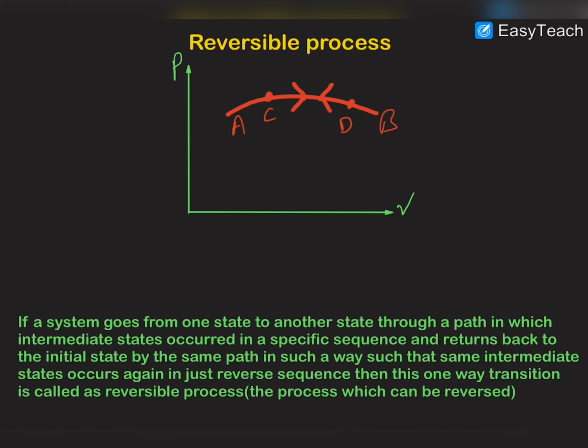Or we can also say that this single process A, C, D, B, which can be reversed by this path, is also a reversible process. So it is very important to note that a reversible process need not be reversed, but a reversible process is the process which can be reversed at any point of time by the same path, and the intermediate states which are occurring in the forward direction in a fixed sequence are reappearing in the reverse direction again in just reverse sequence.